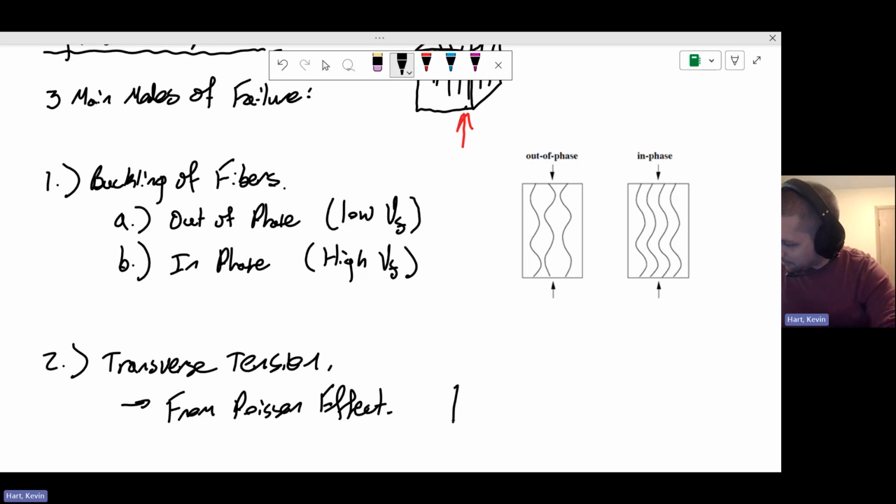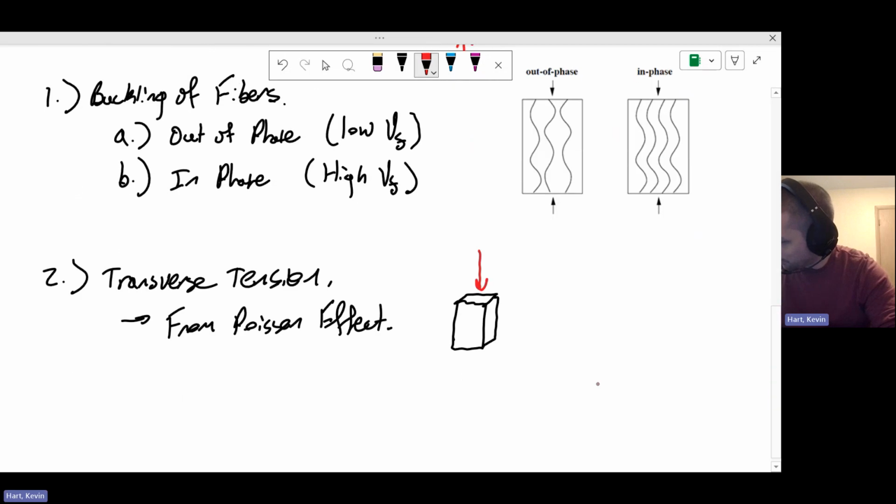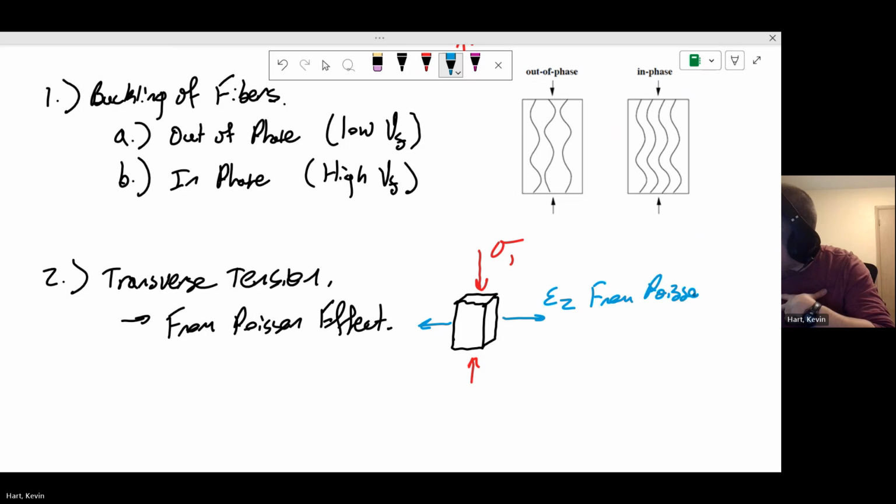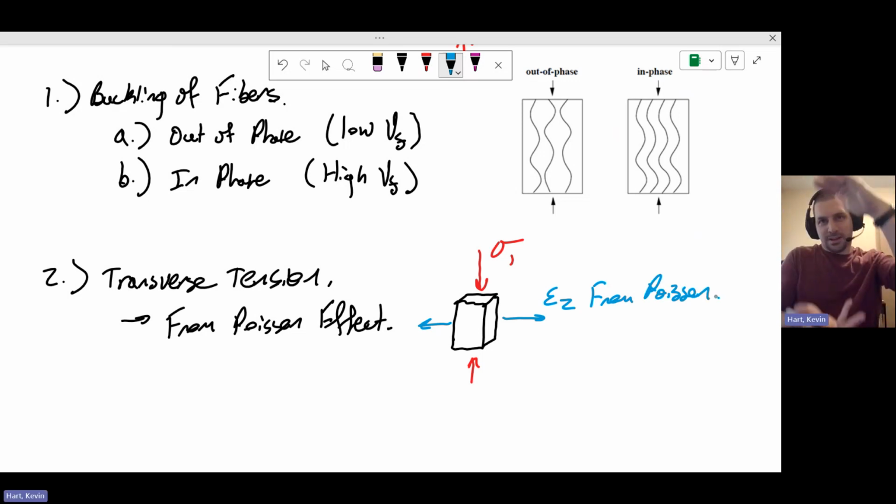If you have any material, think aluminum or steel, it doesn't have to be a composite, and you put it into longitudinal compression, sigma 1, it's going to want to expand in the 2 and 3 directions. So here we write epsilon 2 from the Poisson effect, because you're putting compression on it this way and it wants to expand in the 2 direction.